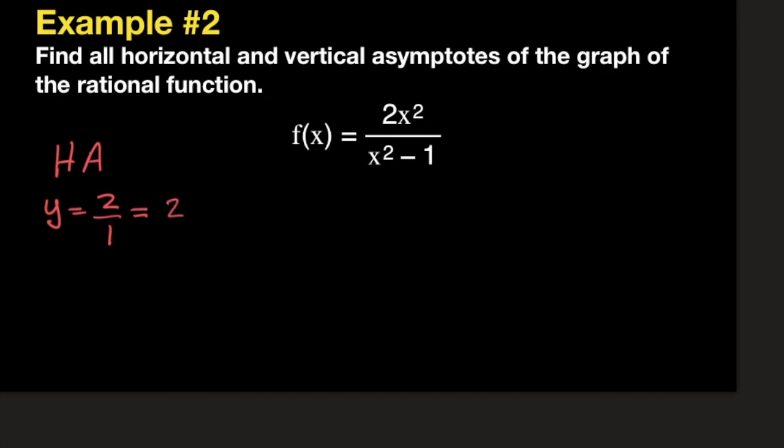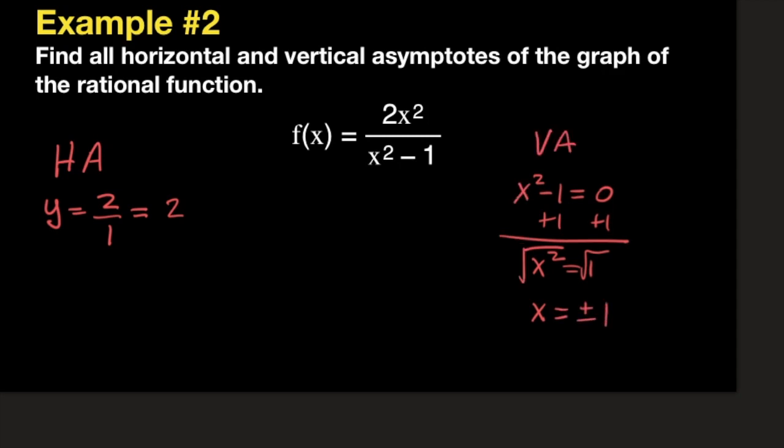And to find the vertical asymptote, you make x to the second minus 1 equals 0. So add 1 to both sides. x squared is equal to 1. Find the square root, and you get x is equal to plus or minus 1.